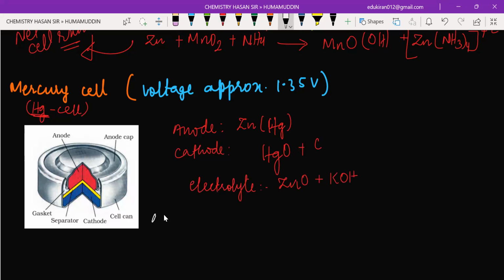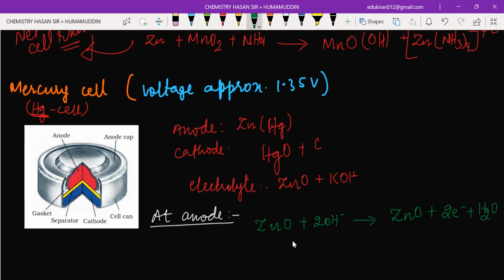Now I'm going to write the reaction. At anode, you know that oxidation will take place. So see what will happen: the zinc combines with hydroxide, that means base, to lose electrons. So this will be ZnO plus 2 electrons plus H2O.